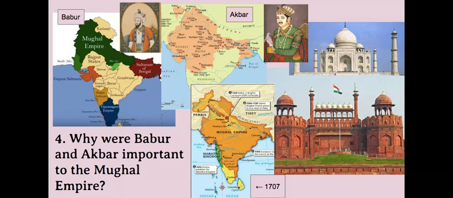Prosperity abounded everywhere. New beautiful palaces and monuments like the Taj Mahal, new styles of architecture like the Red Fort in Delhi were there not just for defense, but also as architectural and artistic expression.